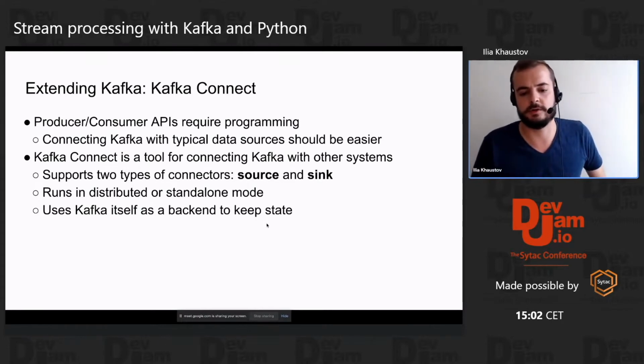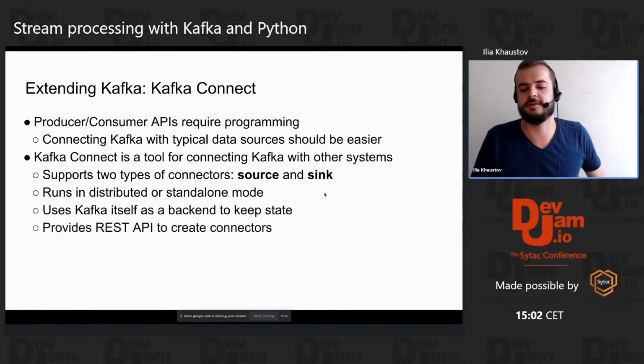Imagine you are reading some records from a database by timestamp, and something failed, serialization or deserialization, then you just restart it and it will continue from that part, of course, after you apply fixes. And the part I like very much is that it provides a REST API, which is easy to use, and you can easily create connectors from Postman, Insomnia, or just via curl.